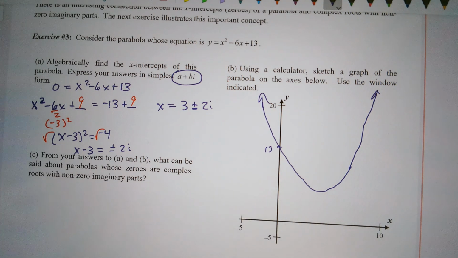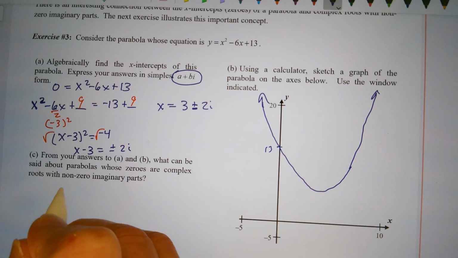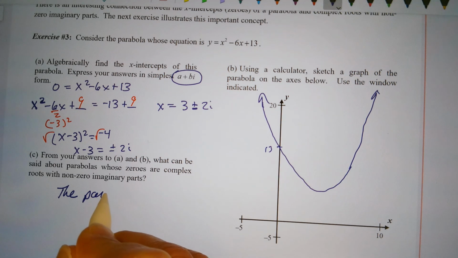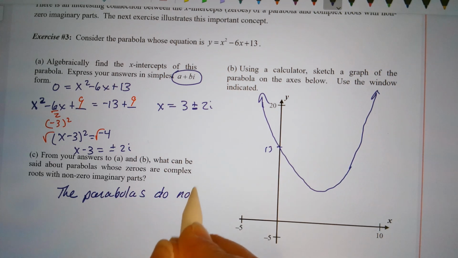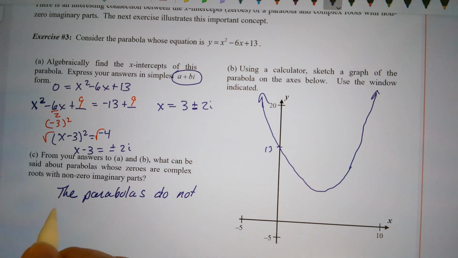From your answers to A and B, what can be said about the parabolas whose zeros are complex roots with non-zero imaginary parts? These parabolas do not cross the x-axis, or intersect the x-axis.